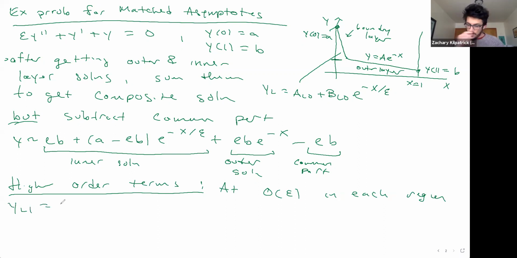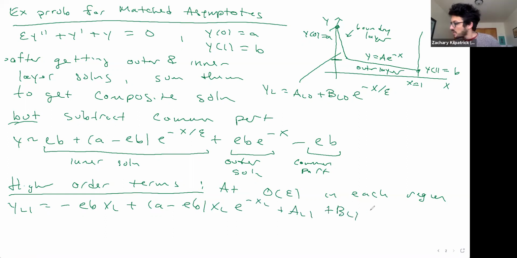I'll just use this notation that now our left-hand boundary is going to have an inner solution given by EB XL plus (A minus EB XL) e to the minus XL plus AL1 plus BL1 e to the minus XL.